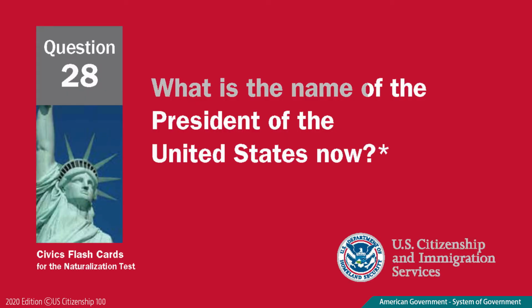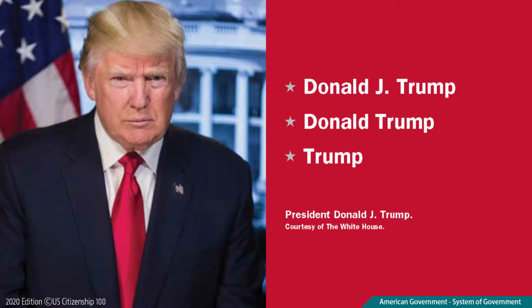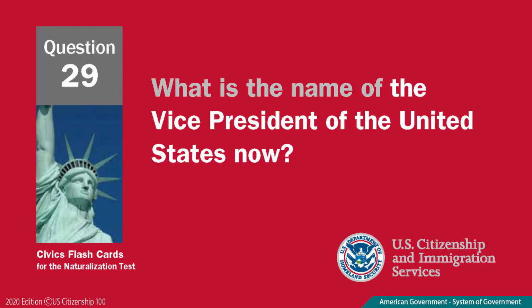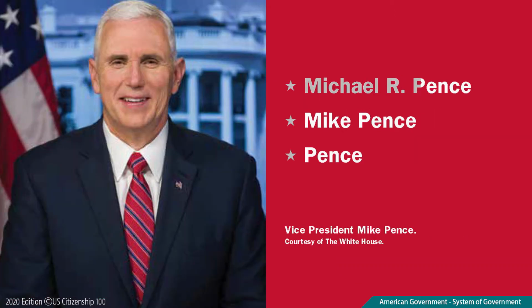What is the name of the President of the United States now? Donald J. Trump. Donald Trump. Trump. What is the name of the Vice President of the United States now? Michael R. Pence. Mike Pence. Pence.